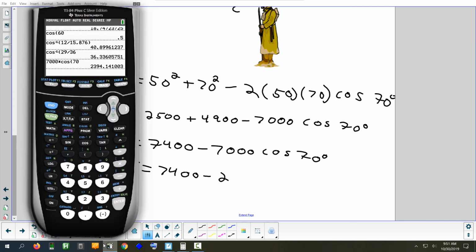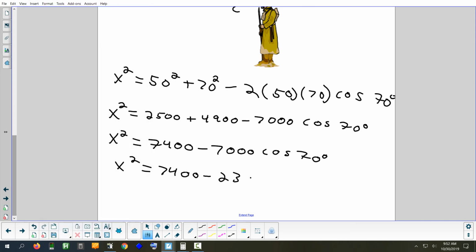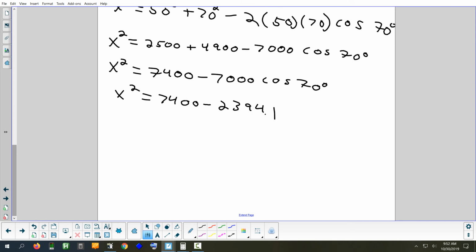Now do the subtraction, and at the same time, what's the last thing I need to do to get the x by itself? Yeah, I'm going to do the square root and the subtraction at the same time.